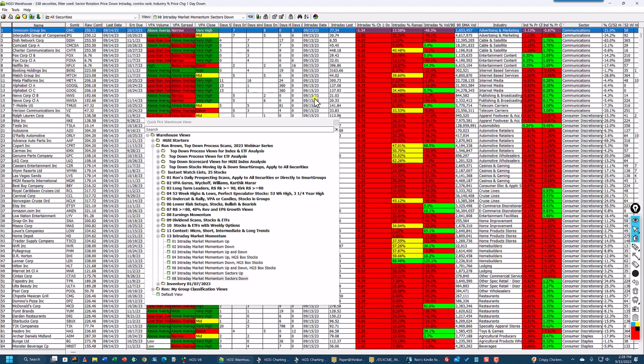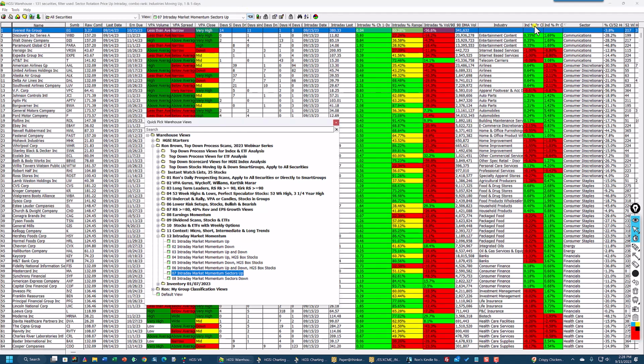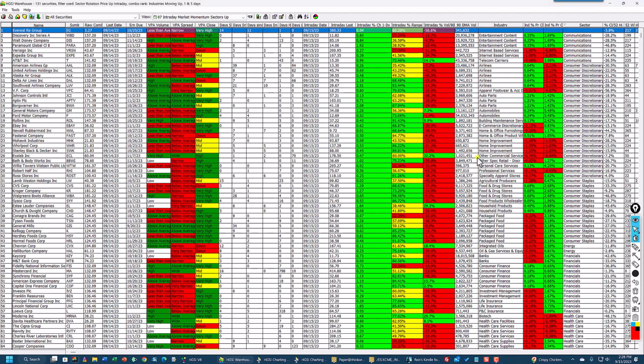As you have seen, not all sectors are going to be up or down. There's a mixture, but we can come in here and see which industry groups are down just by rebuilding the industry groups, and we can see which industry groups are up for the day. Now, there's stocks up within down industry groups.